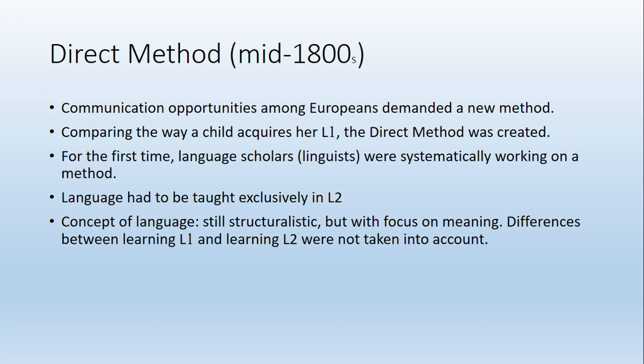Because the way a child learns is completely different from the way an adult learns a second language. When a child is learning a first language, first of all, the child does not have another language to base on. The child does not have another language to compare. The child is not constituted by any language yet.